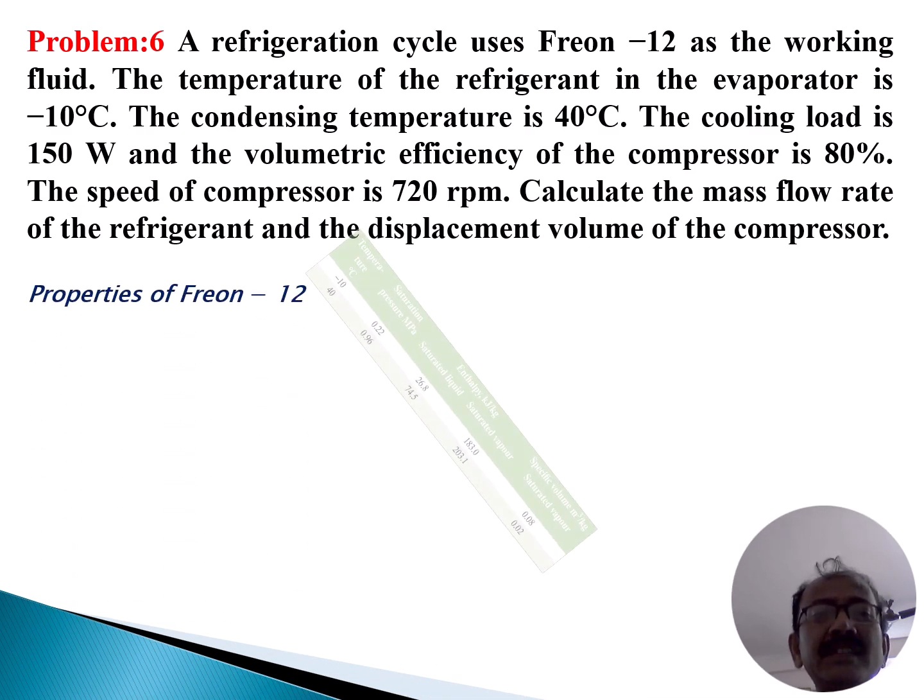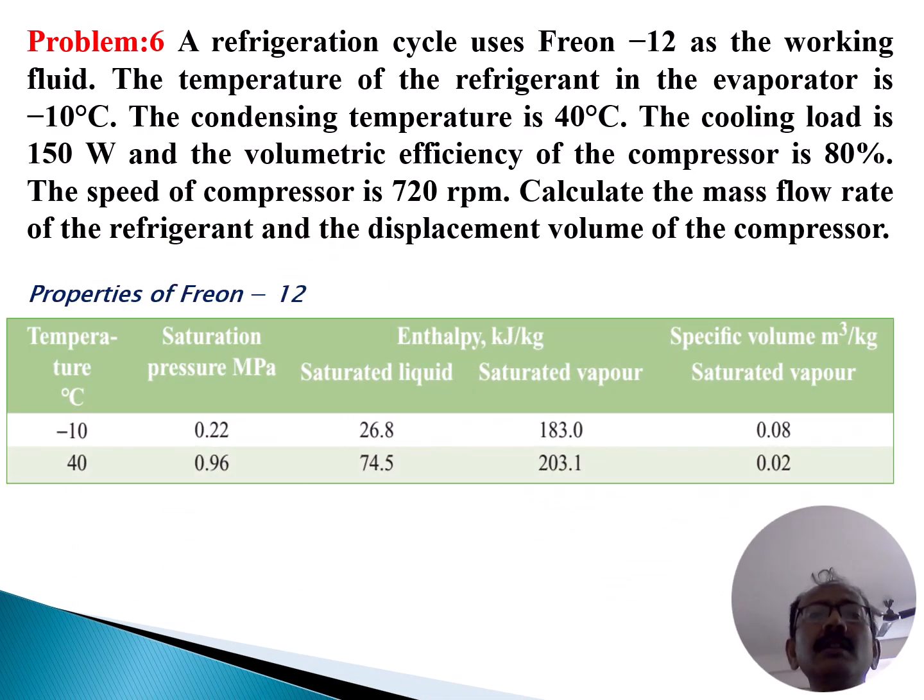Now problem number 6. This is a refrigeration cycle using Freon 12 as the working fluid. The temperature of the refrigerant in the evaporator is minus 10 degrees centigrade, and the condensing temperature is 40 degrees centigrade.